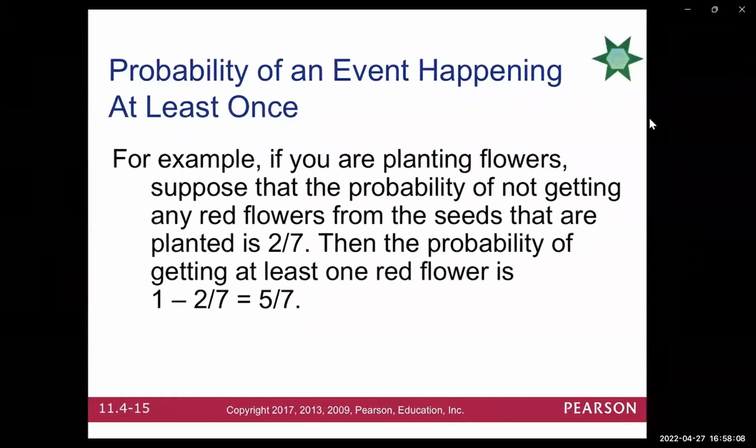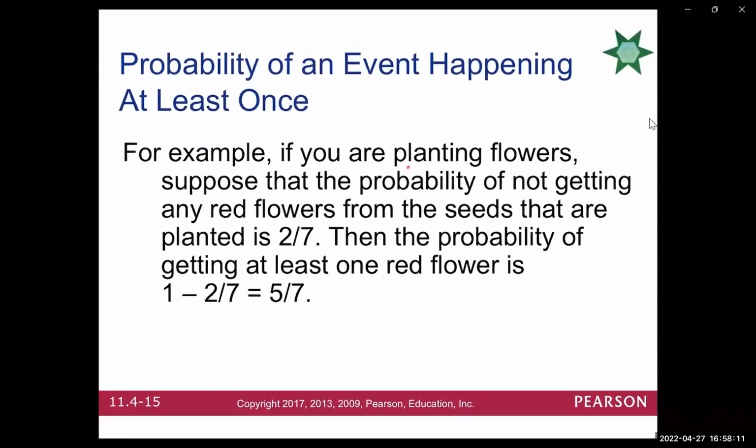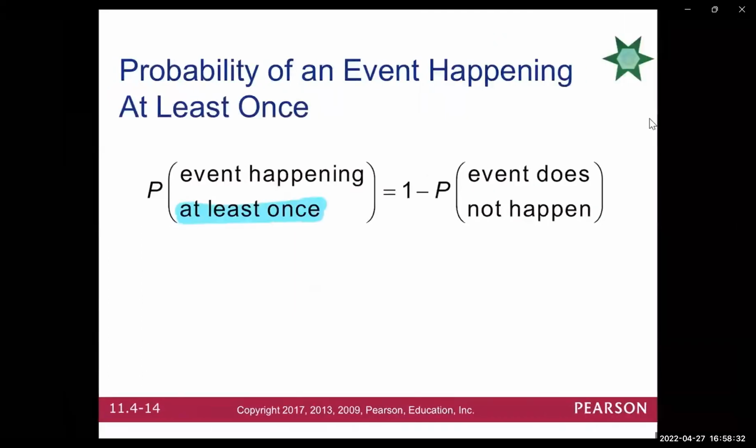So here's an example. If you are planting flowers, suppose that the probability of not getting any red flowers from the seeds that are planted is 2 out of 7. Then the probability of getting at least 1 red flower is 1 minus 2 over 7, which is 5/7. So they're just showing you an example of how to apply this formula.